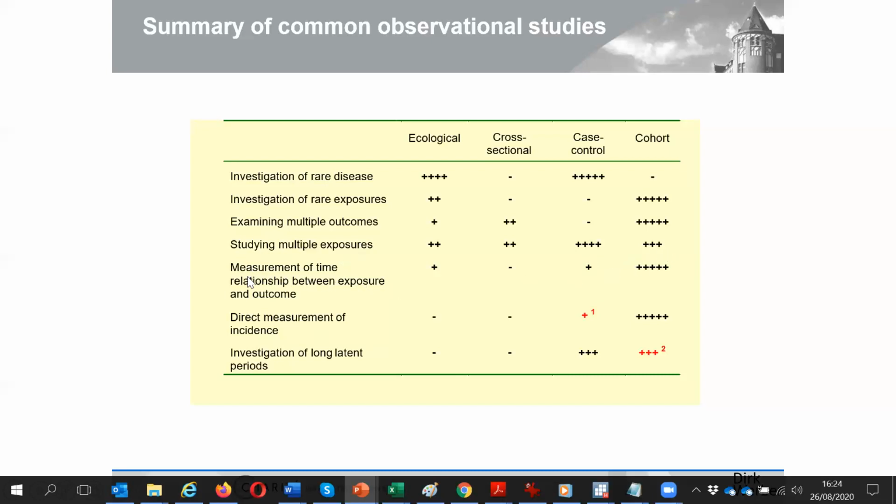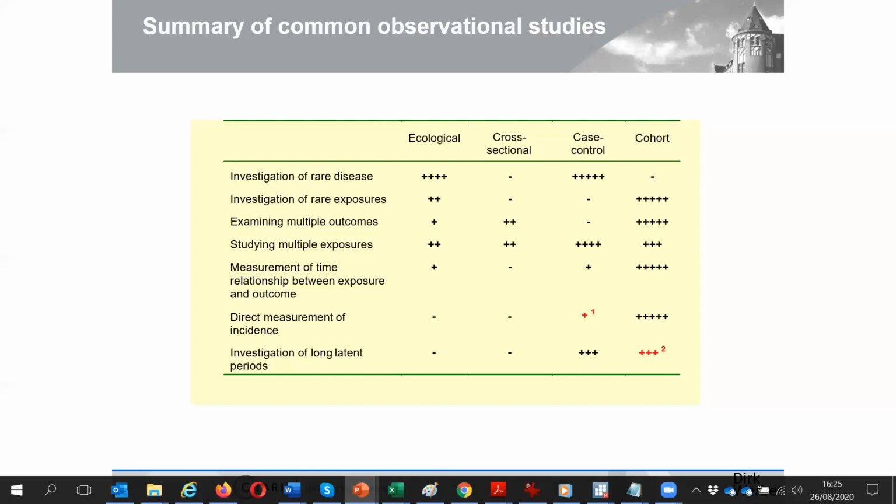Then in terms of measuring time between exposure and outcome, remember we discussed this aspect, which is very, very important. Why? Because of the temporality, the sequence between exposure and outcome. Cohorts are the best because you select your participants based on exposures.